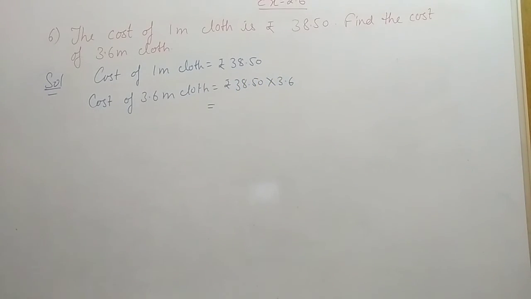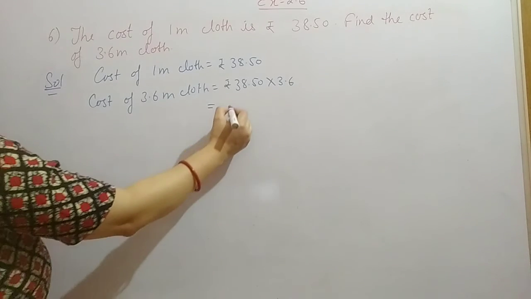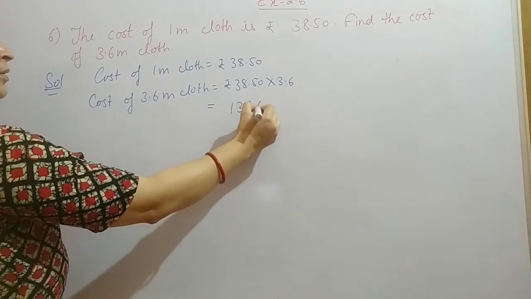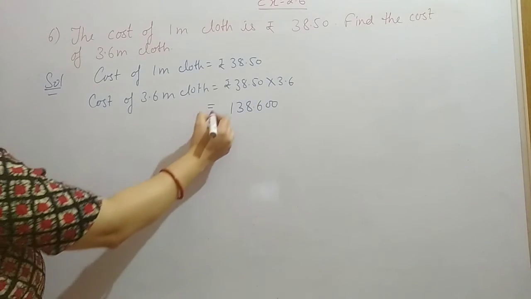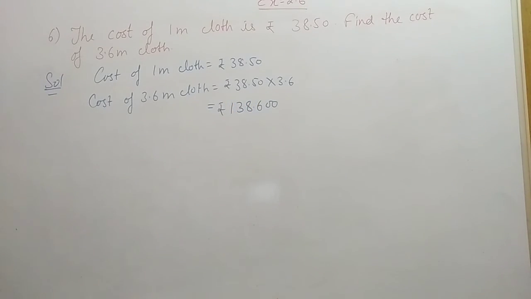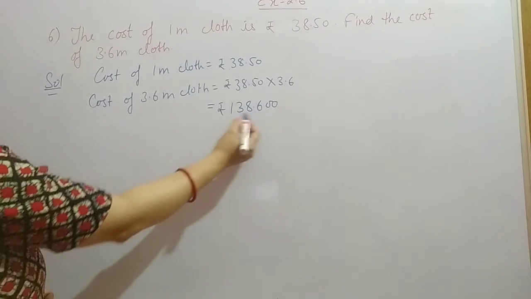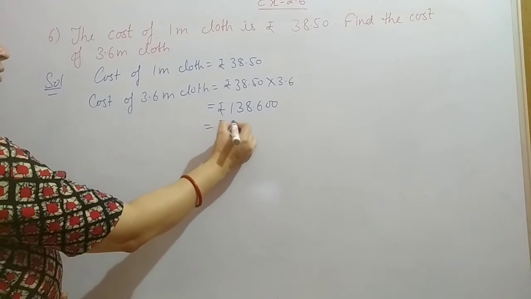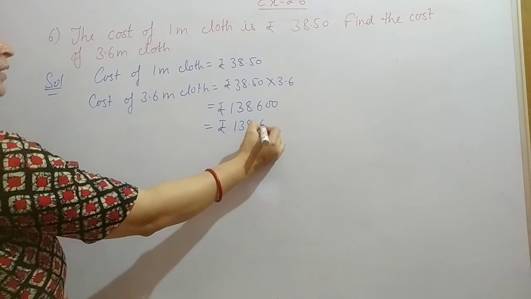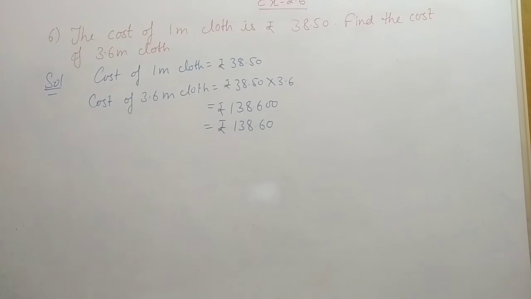So multiply these two numbers, you will get 138.600. And because we are talking about money, up to 2 decimal places only we have to write, 138.60.